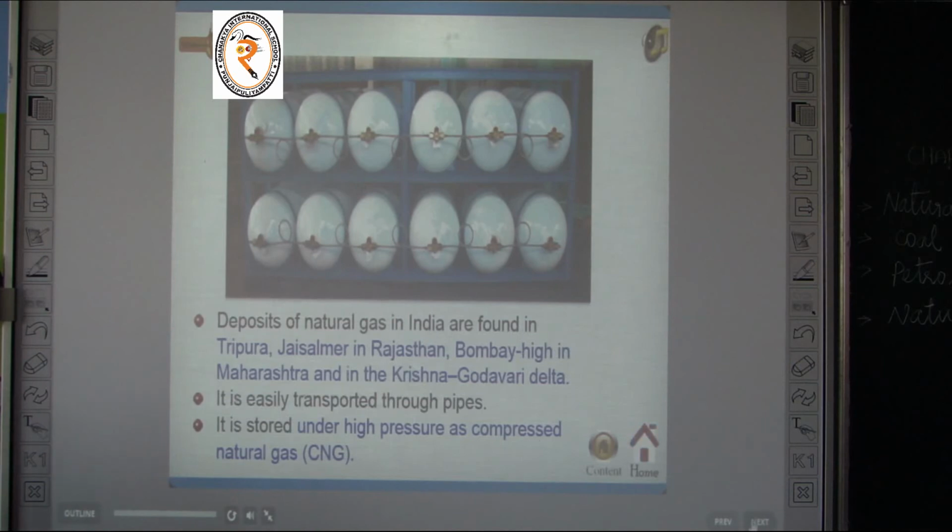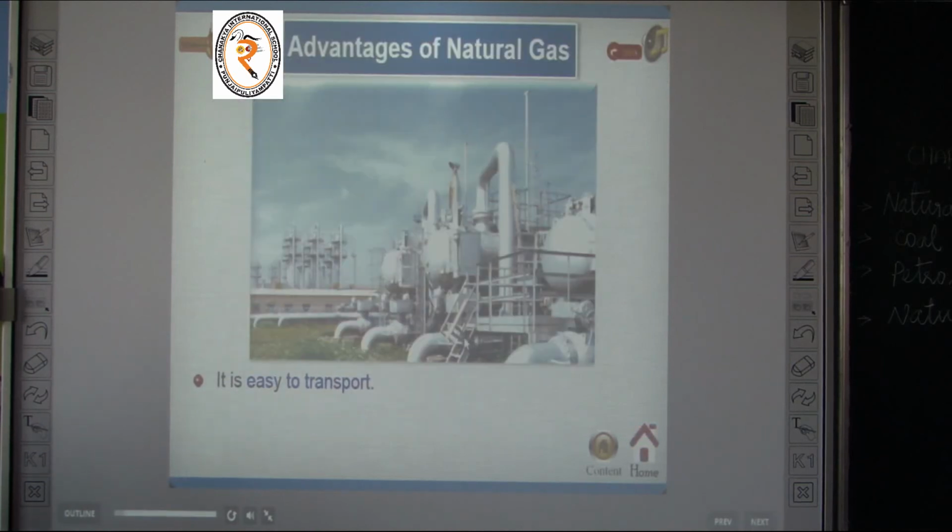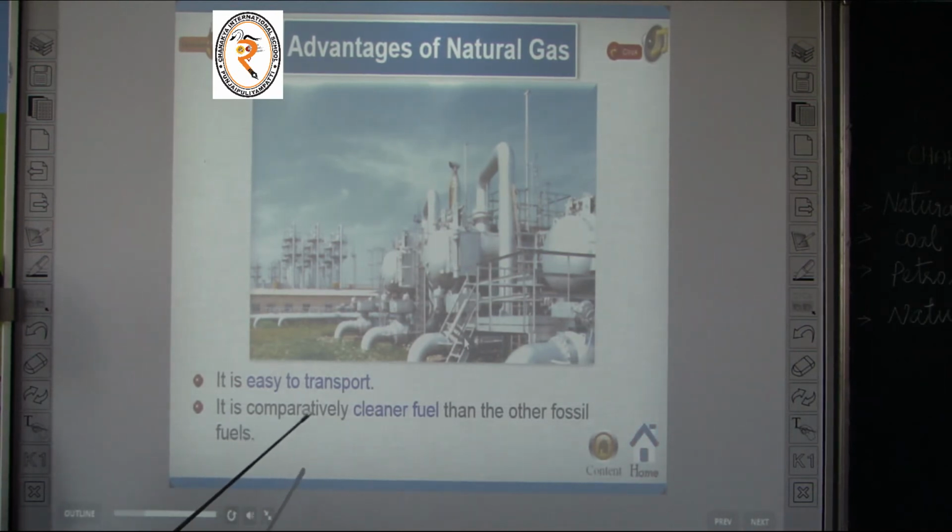And the next one. What are the advantages of natural gas? The first advantage is it is easy to transport. We can easily transport it from one place to another. It is comparatively cleaner fuel than the other fossil fuels. It cannot give a high flame. And the next one.